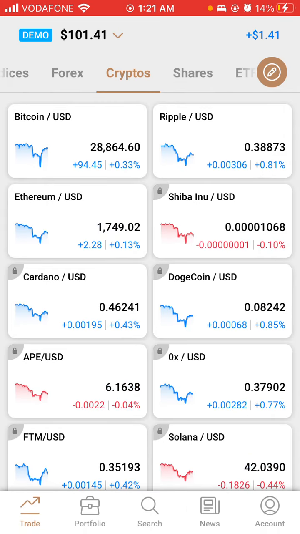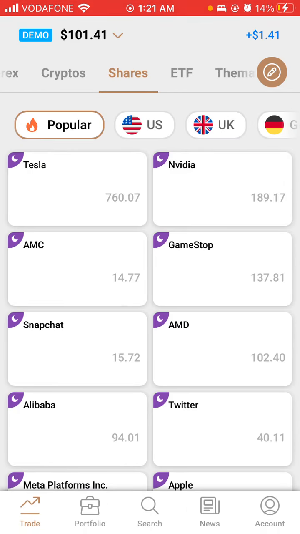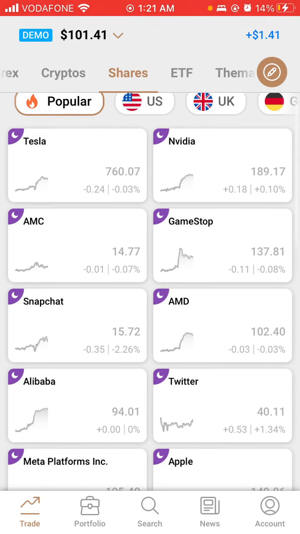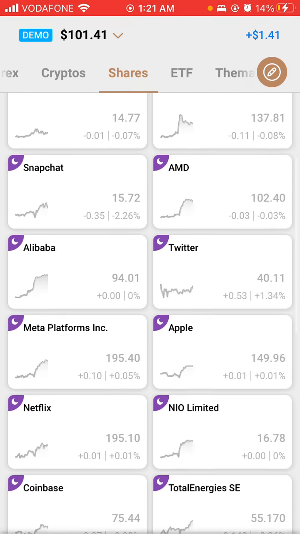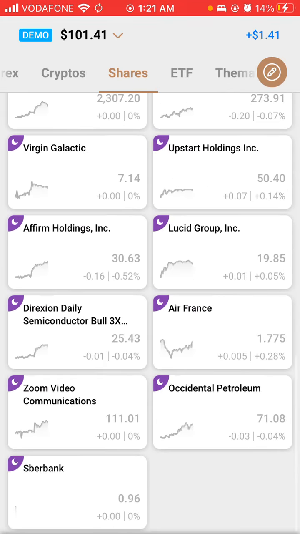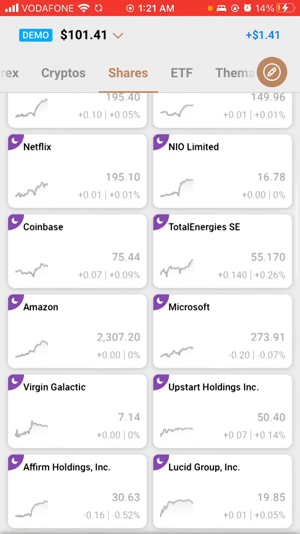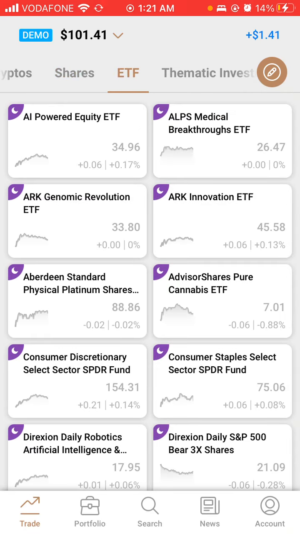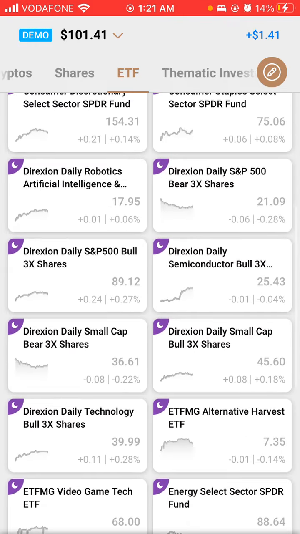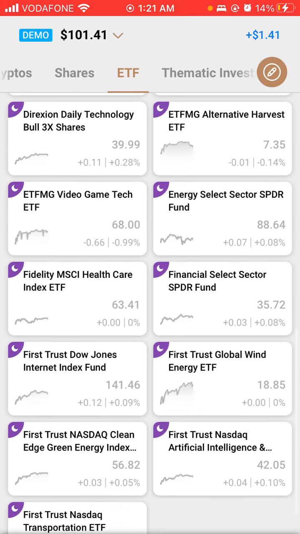So this is the shares. In the shares, we have Tesla, just different stocks like that. We have this Tesla, the Snapchat, and so many others like that. So you just pick which of them you want to trade, and we have the ETF. I think these ETFs are maybe companies related to pharmaceutical companies, energy companies, and stuff like that.